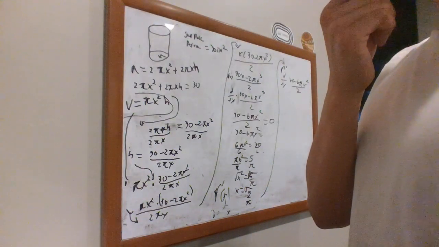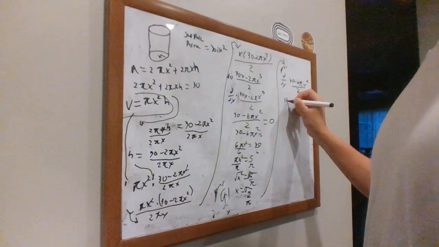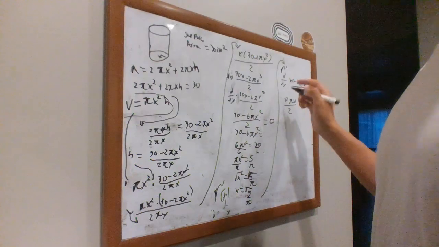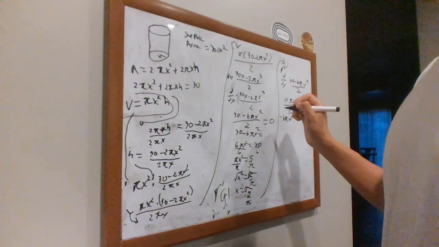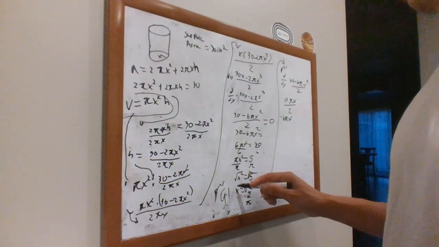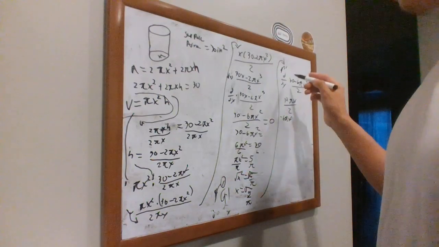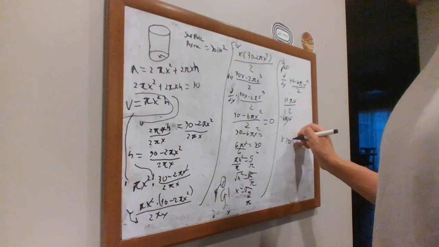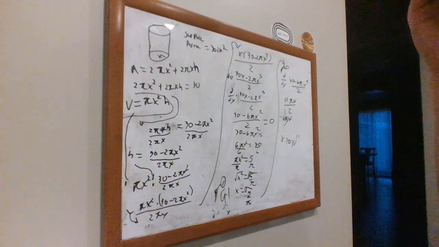Deriving that again, it's just 12 pi x divided by 2, with a negative sign, which equals negative 6 pi x. That's lower than zero, so the second derivative is negative, which means this is a maximum.